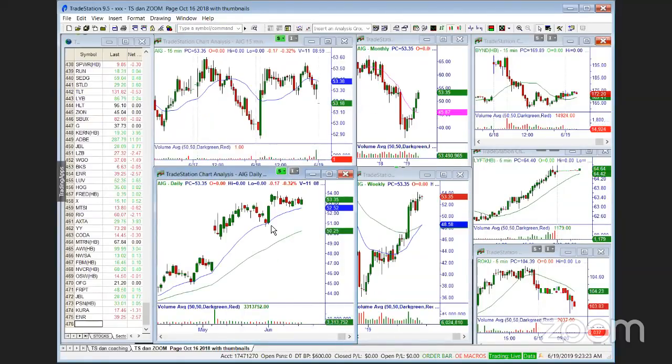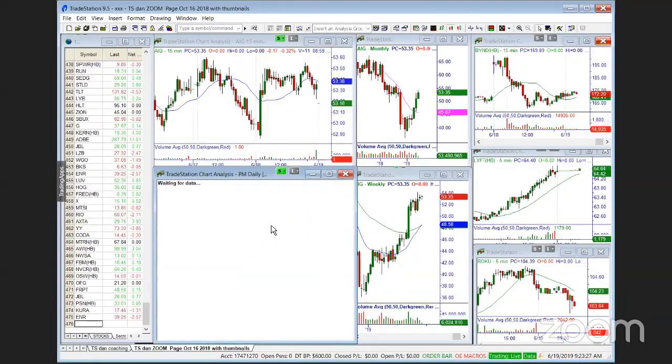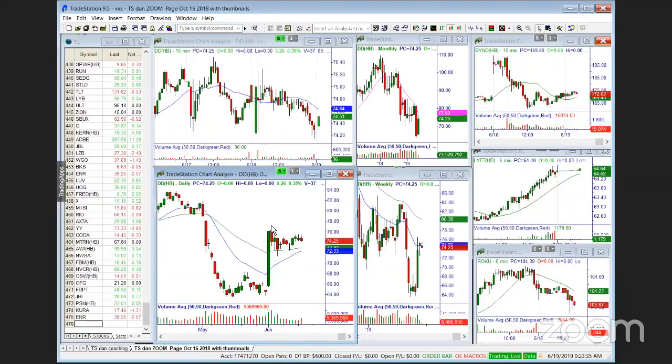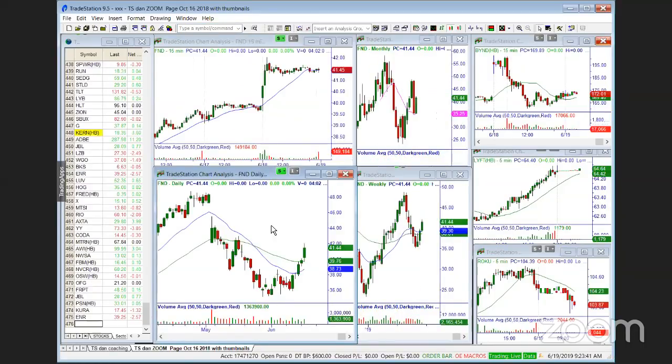AIG, long stock, looks great. Papa Mike, we have a covered put, which is short stock and short puts, opposite of a covered call. We're long stock, Delta. FND long stock with a trailing stop.